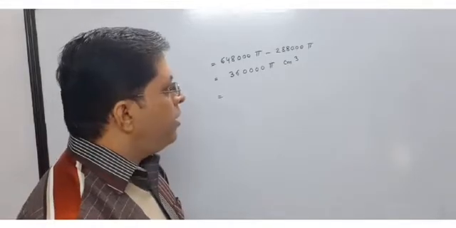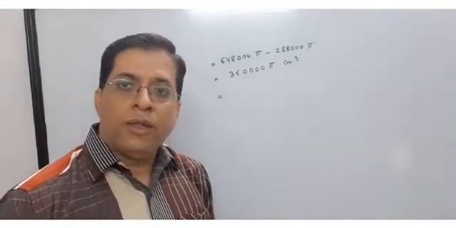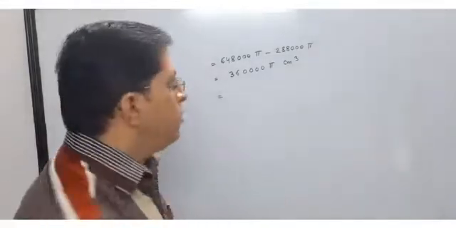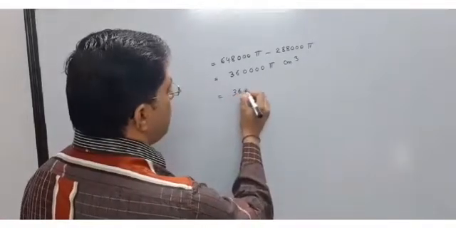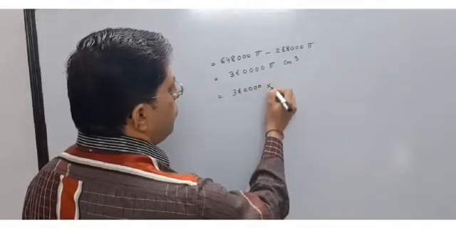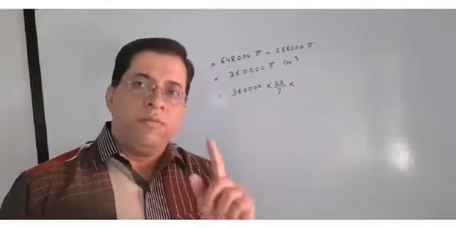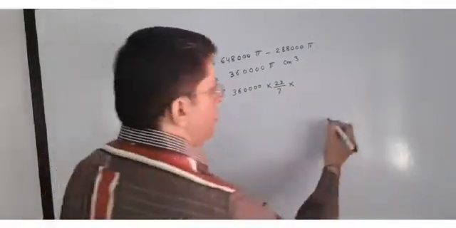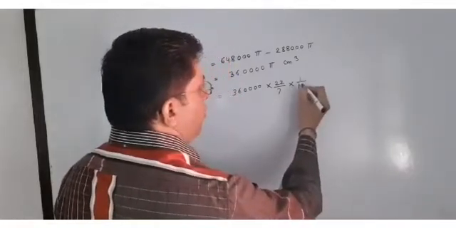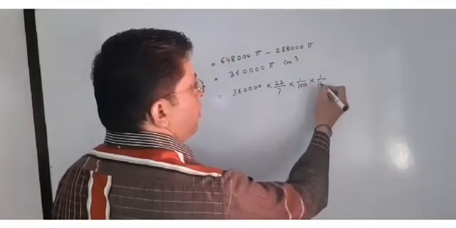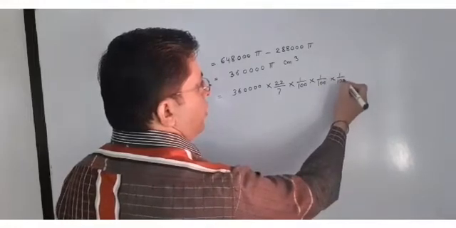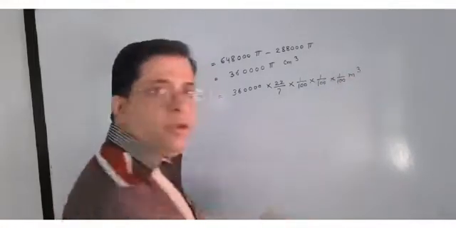Pi centimeter cube. Okay, then we have to put the value of pi. What is the value of pi? 36 and 4 zeros, and value of pi 22 upon 7. I know that 1 centimeter cube is equal to 1 upon 100 into 1 upon 100 into 1 upon 100 meter cube.